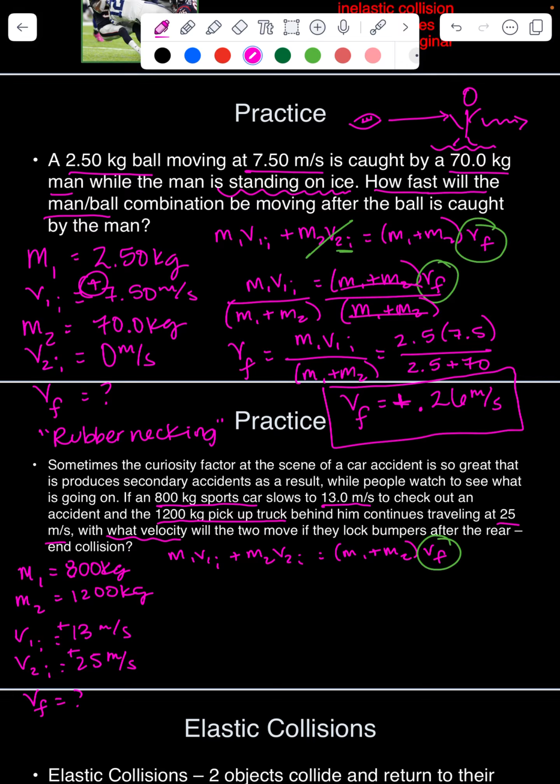Because we can't cancel anything out, let's go ahead and rearrange. Just like the last one, we're solving for V final. So to get rid of M1 plus M2, we divide by them.